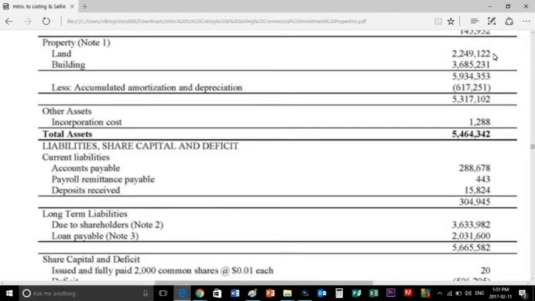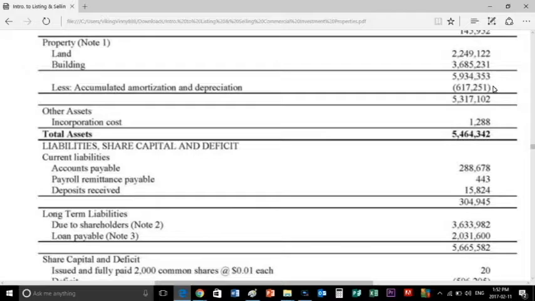All right, so note 1. It says land is worth $2,249,122. The building is $3,685,231. You add those two numbers together, you get $5,934,353. So you less the accumulated amortization and depreciation, which is $617,251.